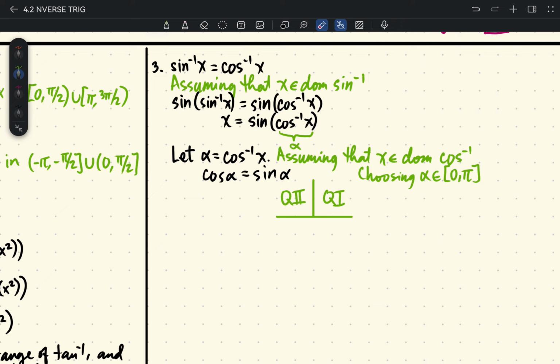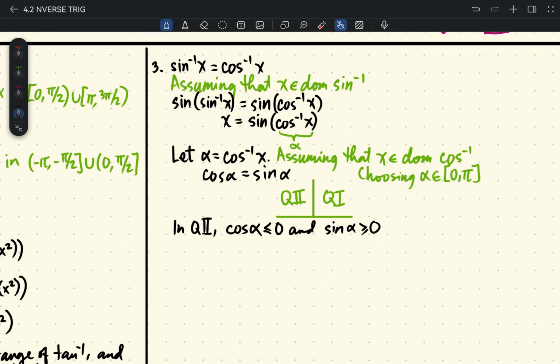Well, as you can see, if you're in quadrant 2, your cosine alpha is less than or equal to 0, but your sine alpha is greater than or equal to 0. So maybe I can write that one. In quadrant 2, cosine of alpha is less than or equal to 0, and sine alpha is greater than or equal to 0.